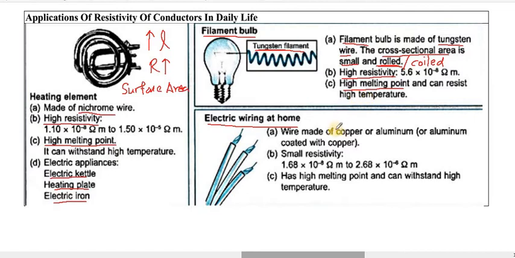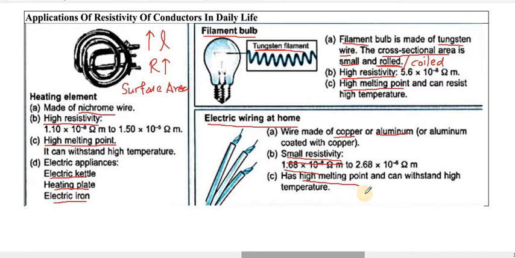For example, copper or aluminium, they have smaller resistivity. Copper and aluminium also have a high melting point. Why is it that we also need a high melting point?